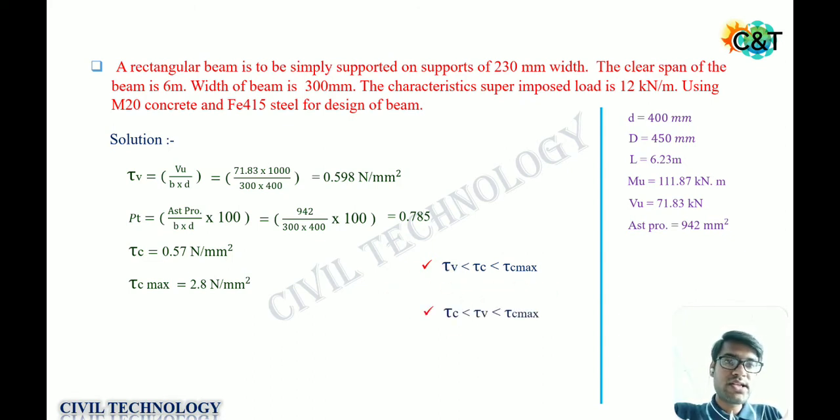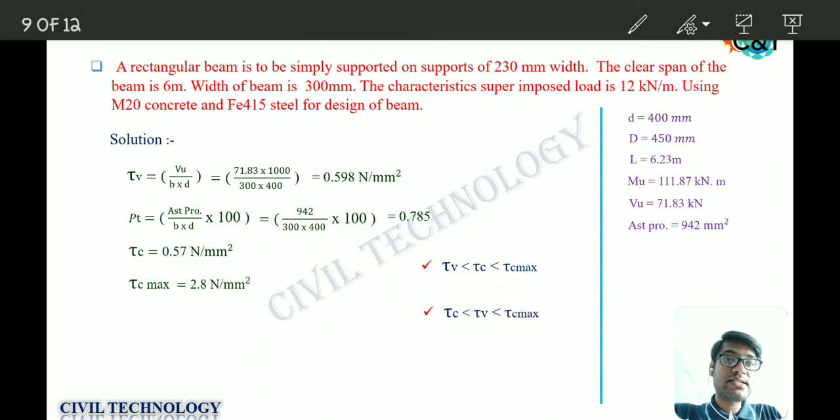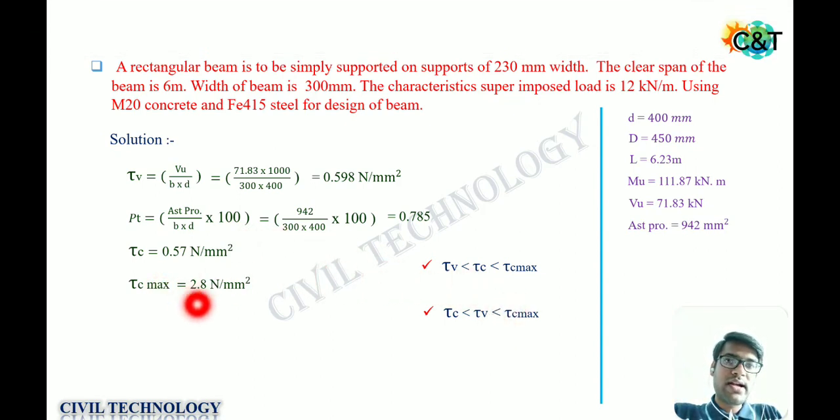The second condition is tau c less than tau v less than tau c max. Tau v is greater than tau c, which is applicable in our case, and tau v is less than tau c max, which is also applicable. So the second condition will apply in our case, which means we have to calculate the shear reinforcement without revising the size of our beam.